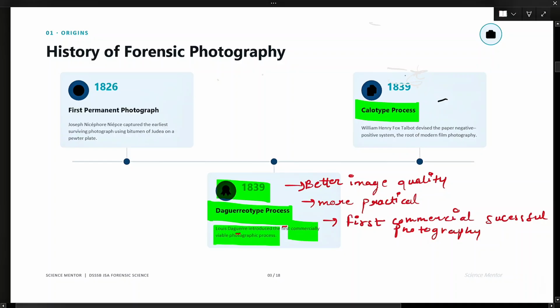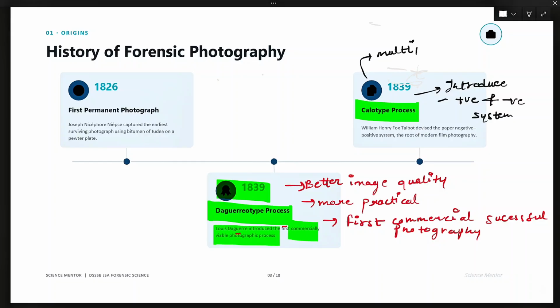Introduce positive and negative system. Multiple copies can be produced.